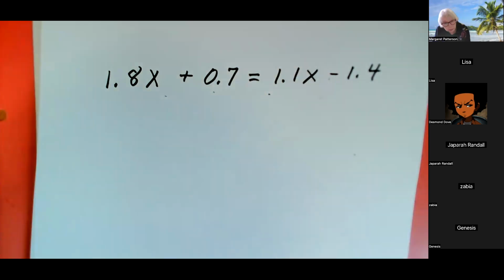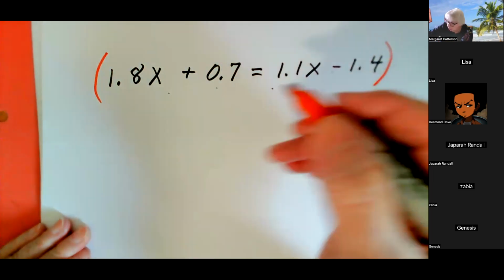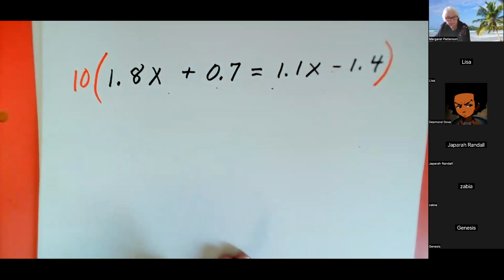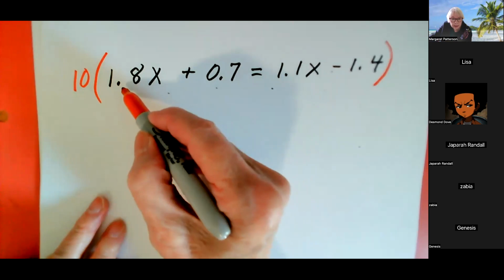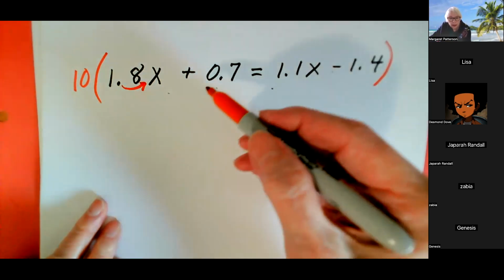It depends on the person if they want to continue to do this problem with decimals. But one thing I would likely do myself if I saw that kind of problem is like, oh, so many decimals. What if I took the entire problem and multiplied by 10? I mean, multiply it head to toe by 10. When you multiply by 10, what that does is shift the decimal out.